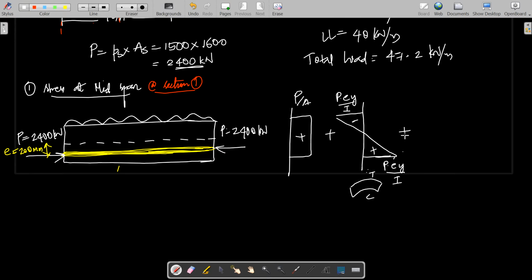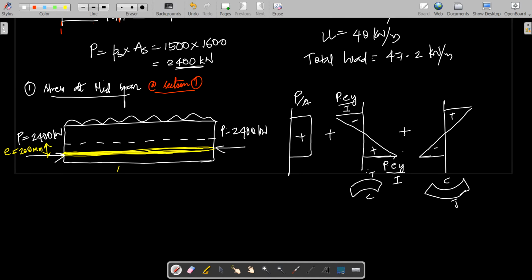Then you have the moment due to your live load. That is, due to the live load, the bending is going to occur like this, that is compression at the top and tension at the bottom. So negative over here and positive over here.